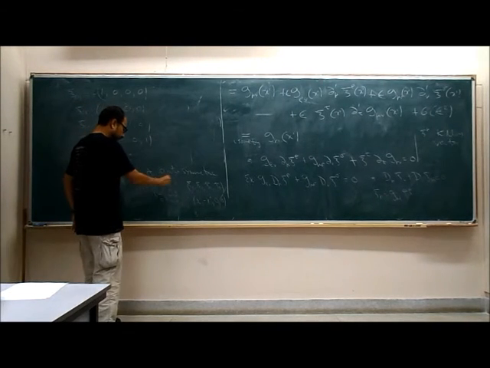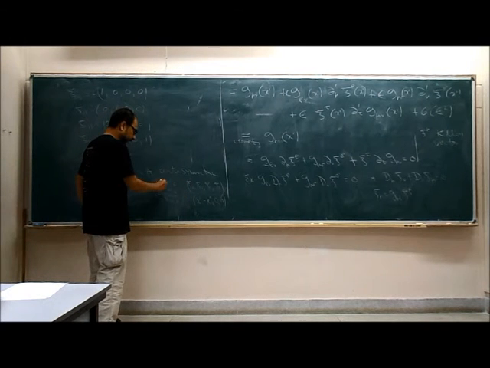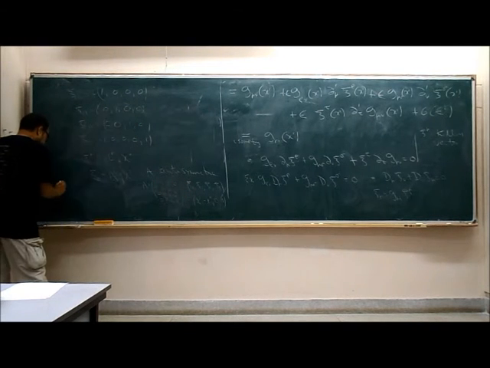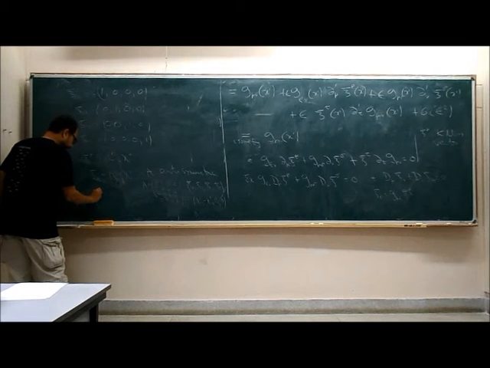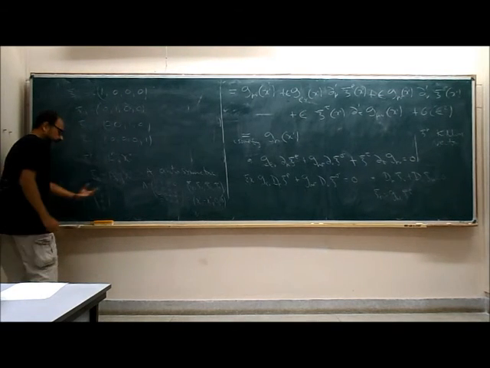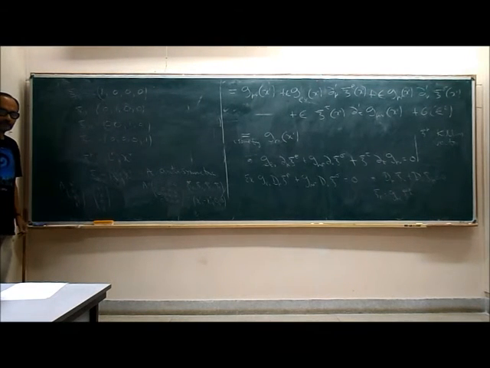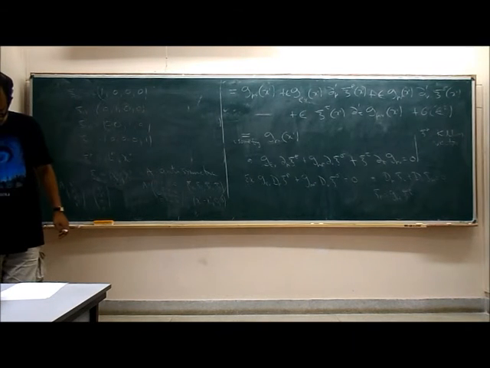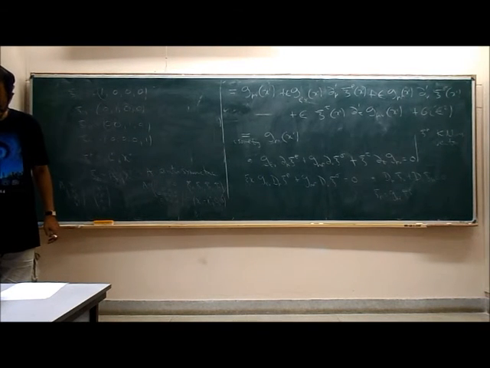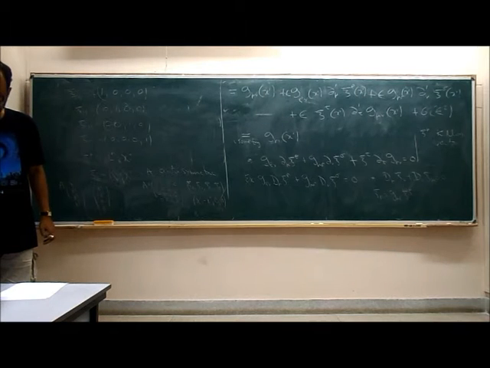So A on x0, x1, x2, x3 will basically give you x1, minus x0, 0, 0. This is the Killing vector.